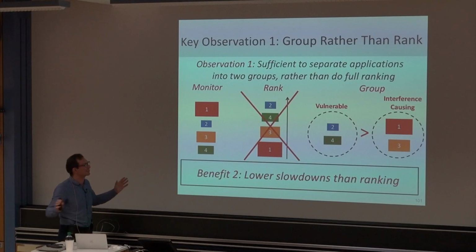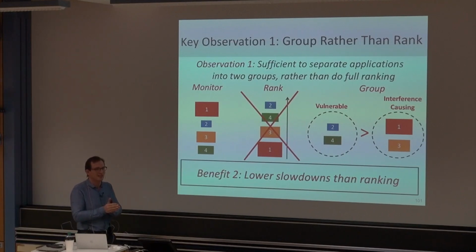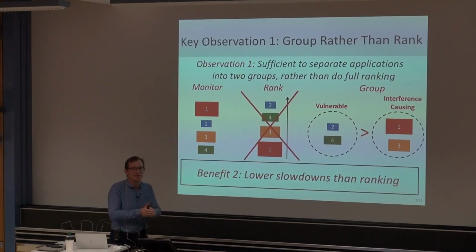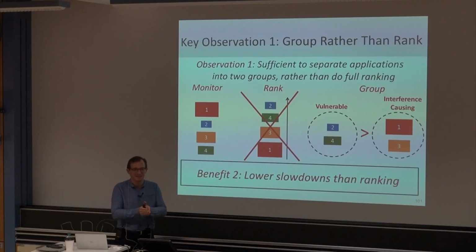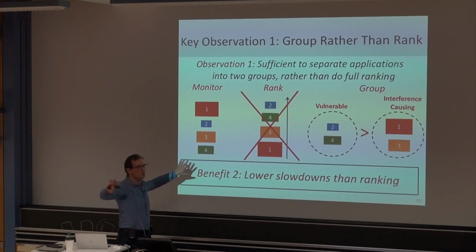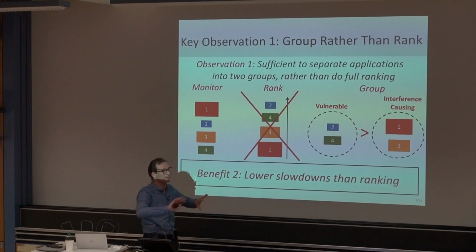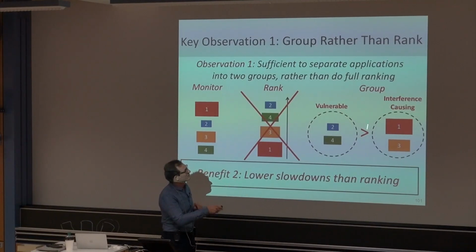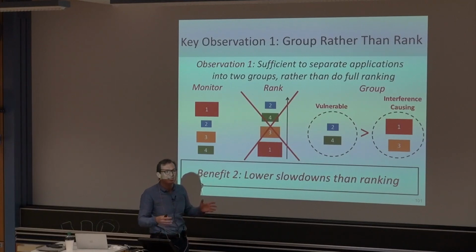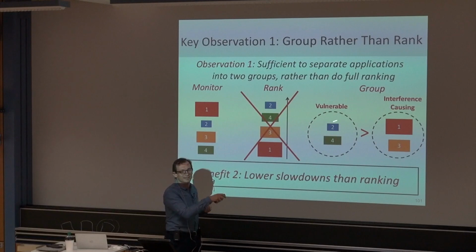You don't want full ranking because it's too rigid. It unnecessarily prioritizes one elephant over another elephant. And if you somehow group things at a coarser granularity, you become a little bit more flexible. Maybe some of these elephants are very vulnerable and some of these other elephants are not so vulnerable. And this behavior actually changes dynamically, potentially very quickly.